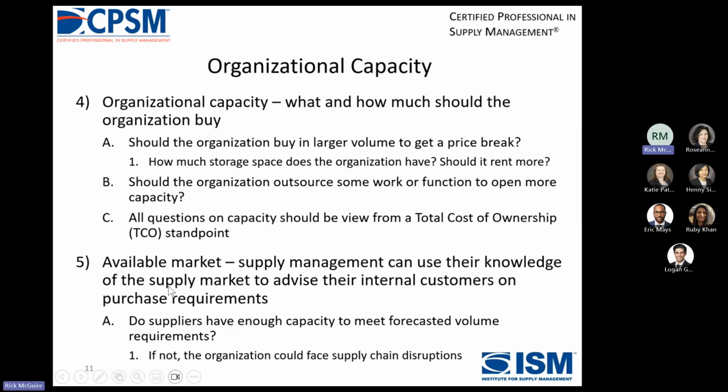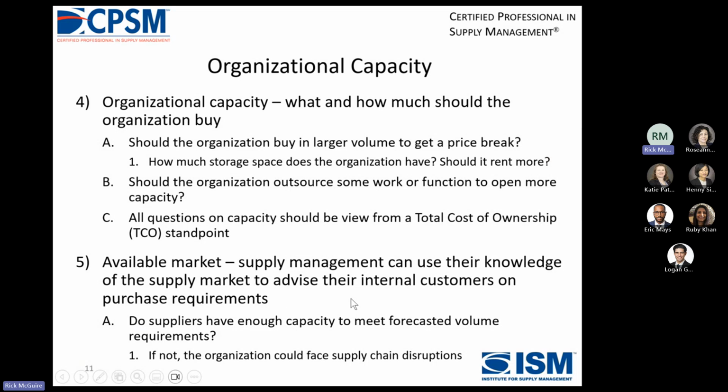Available market. Supply management can use our knowledge of the supply market to advise the internal customers, engineering usually, on purchase requirements. Do suppliers have enough capacity? Engineering loves some of these suppliers that have really good engineering groups and are very responsive to our design engineers.